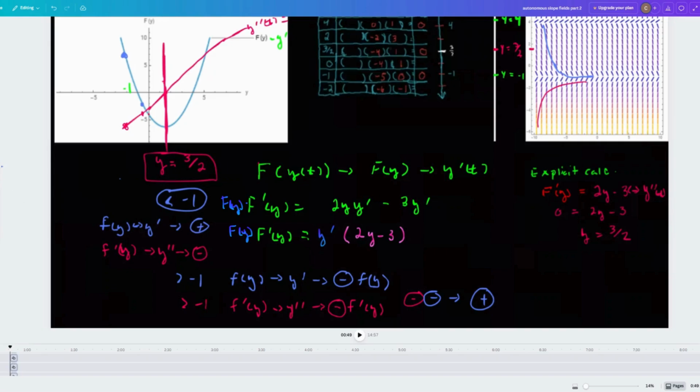That means it's picking up speed, respectively. If that's -1 here, then at -1/2, it's picking up speed in the sense of how we dealt with velocity and acceleration, but in the sense of the autonomous field, more so that it's concave up in that case.